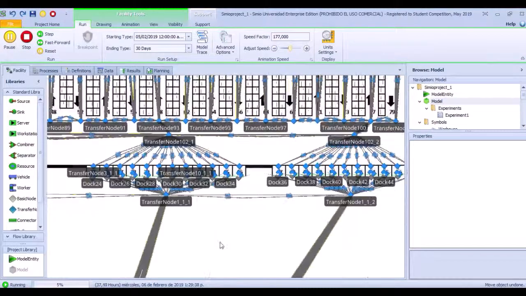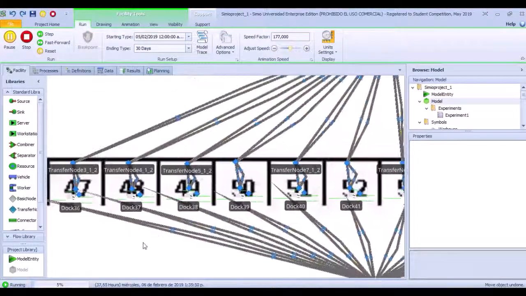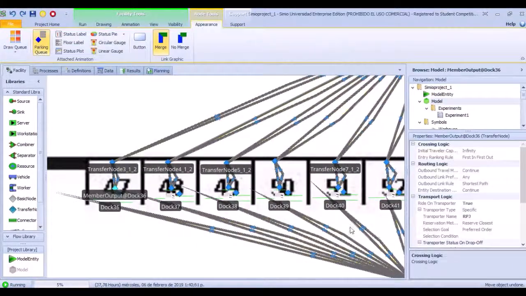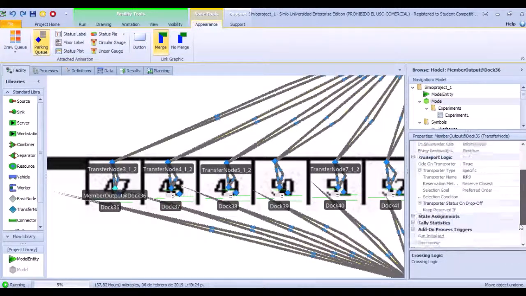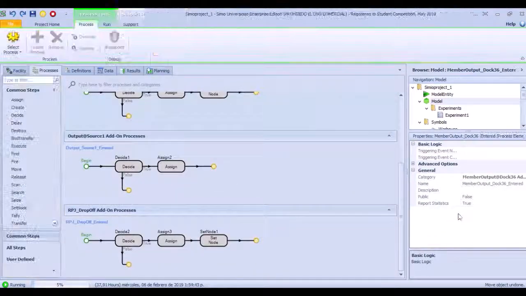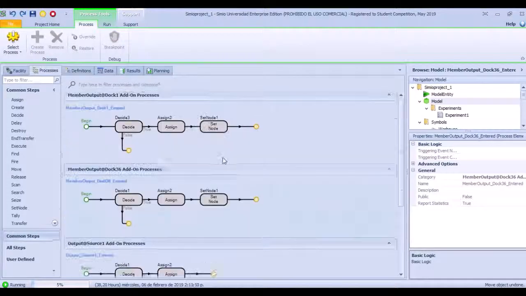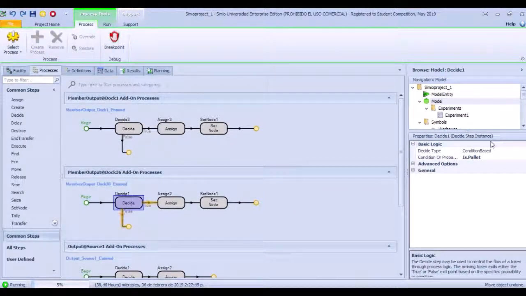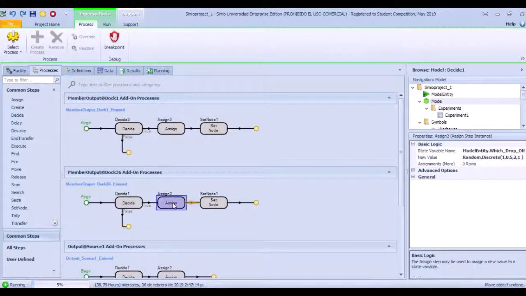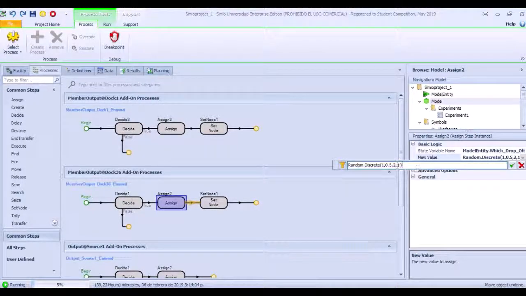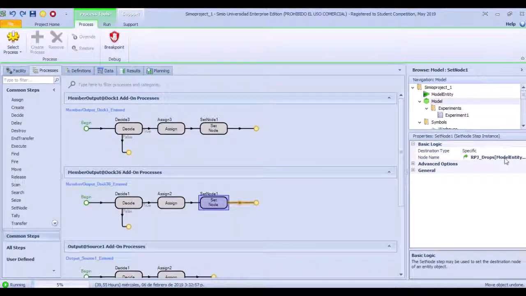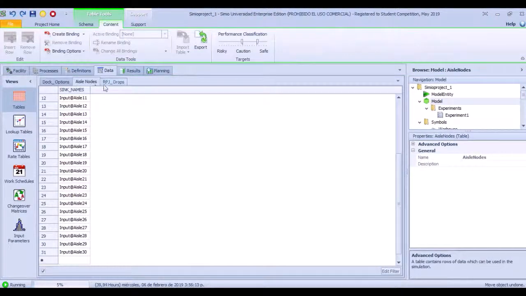Let's go ahead and look at the process of the output source for those different docks. And right here we have a decision if it is a pallet or not, assigning it a random discrete 1 or 2 drop-off point, referencing a table that I made of just the 2 drop-off nodes.